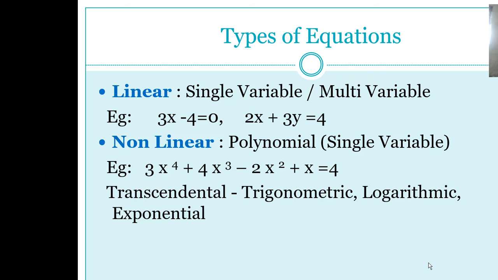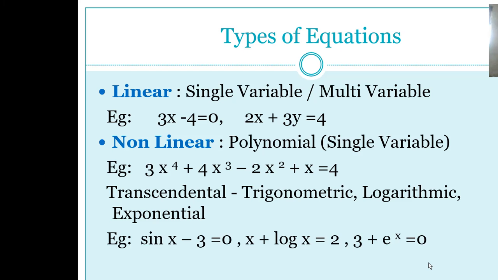The nonlinear equations can also be of transcendental type. Transcendental equations include trigonometric equations, logarithmic equations, or exponential equations. The equations which include any of these terms along with other variables are called transcendental equations, which are necessarily nonlinear equations.